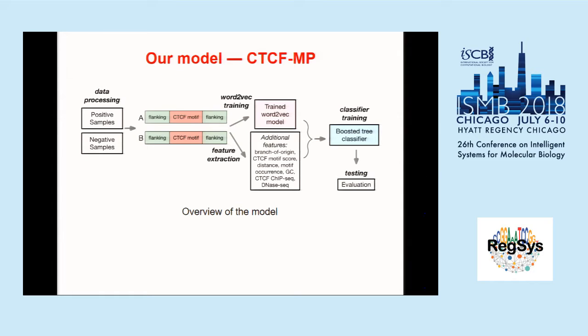We use a word2vec model to encode DNA sequences, and we also use additional features, including branch of origin score, CTCF motif matching score, etc. After that, we trained a boosted tree classifier to predict whether a pair of motifs would form a loop or not. And finally, we evaluate the model using several metrics.